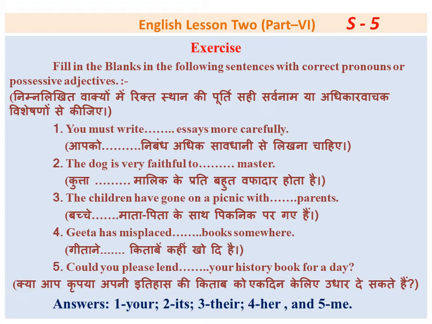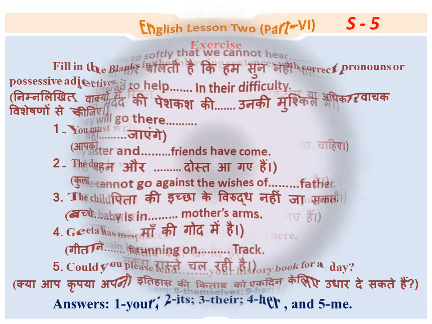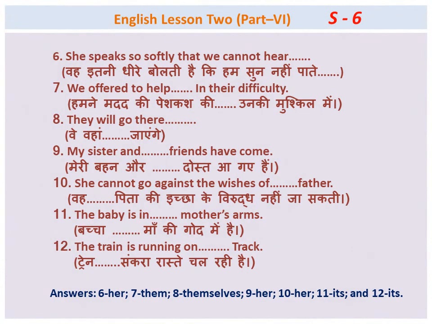Now we'll study further exercises 6 to 12. So friends, as we stated earlier, English lesson 2 part 6 slide 6, here the earlier exercise is being continued, and there are sentences 6 to 12 where you have to apply the correct pronoun or adjective depending upon the meaning of the sentence and its gender.